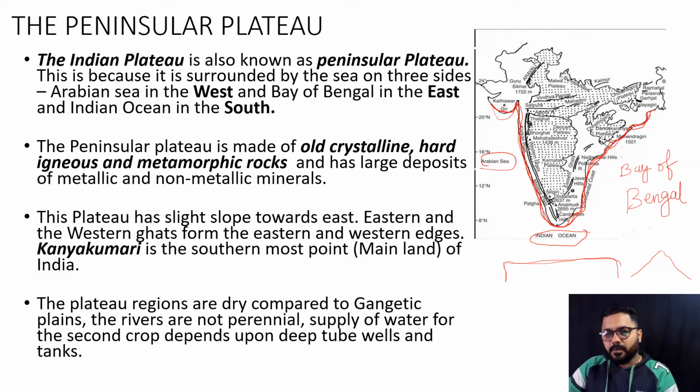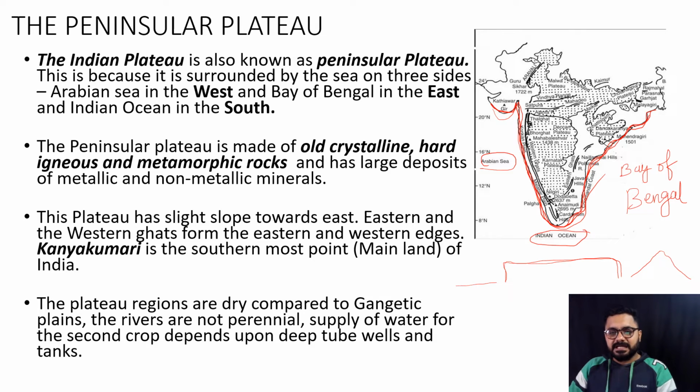Both of them are at an elevated level compared with a plain. That is one thing you must remember. So a peninsular plateau is a plateau lying on the peninsular region, this region of India.